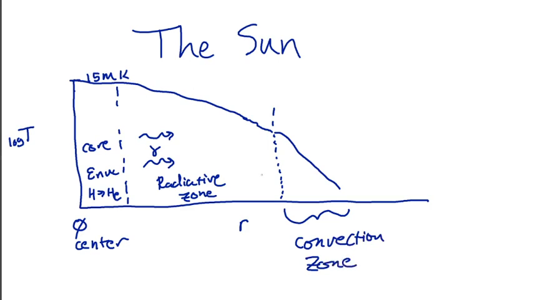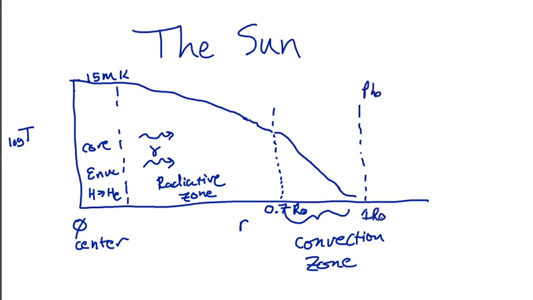In terms of the proportional radius, the radiative zone occupies roughly the inner 70%, 0.7 solar radii. And the convection zone reaches all the way up to the photosphere of the sun at 1 solar radius. Here is our photosphere.